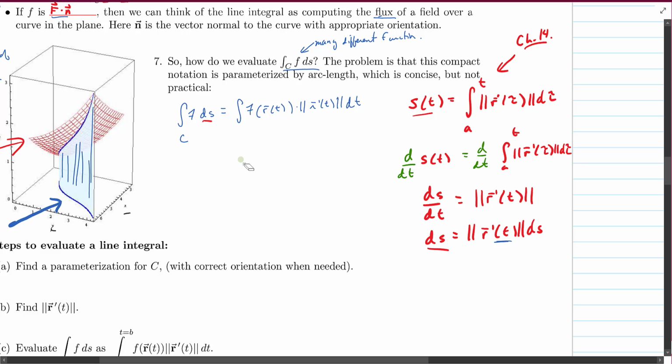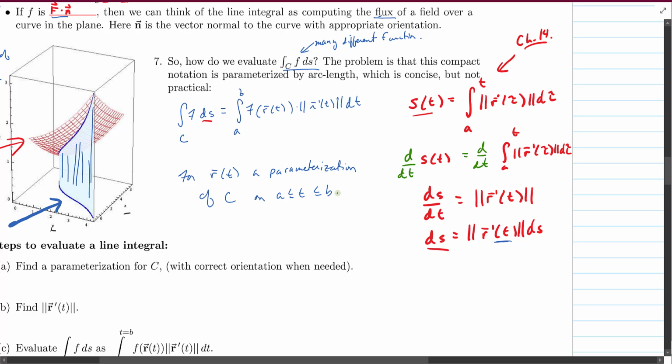And I should be more careful here, because we now have a parameterization that goes from a to b. So this is for r of t, a parameterization of c on a less than or equal to t less than or equal to b.